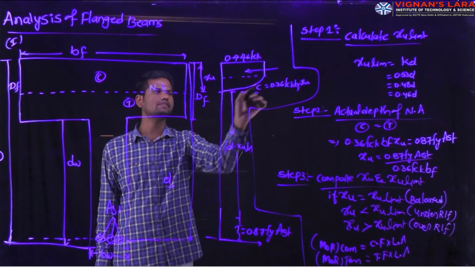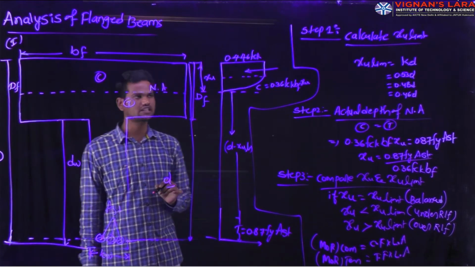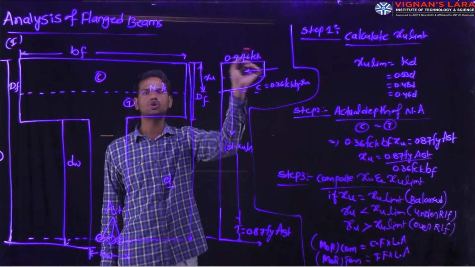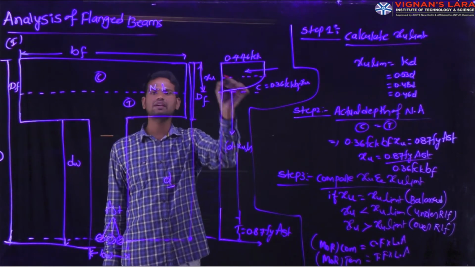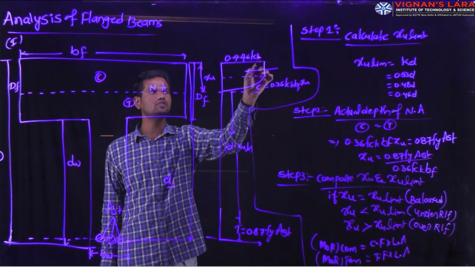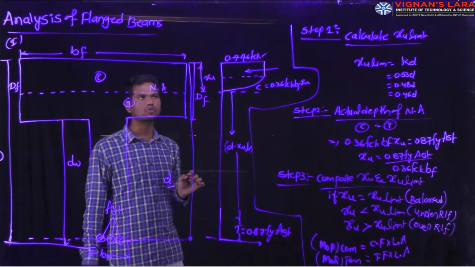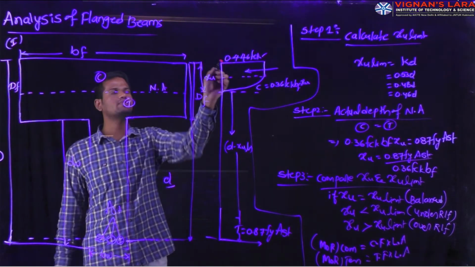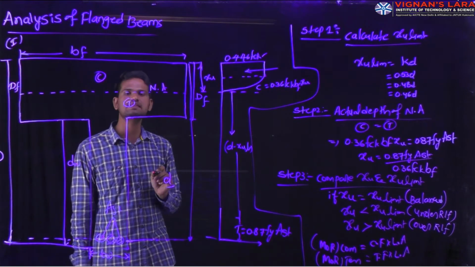Again from 0.002 to 0.0035 the stress block is rectangular, and at the outermost compression fiber at a strain of 0.0035 we have the compressive stress of 0.446 FCK.